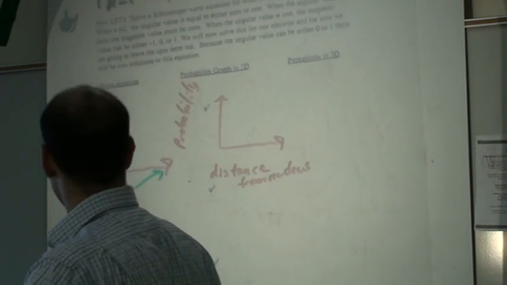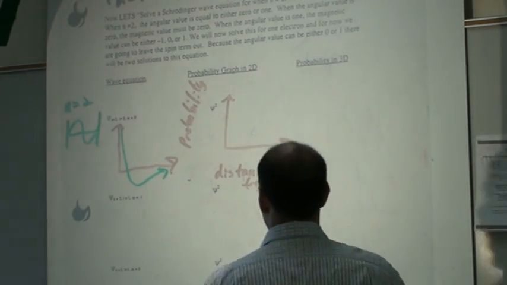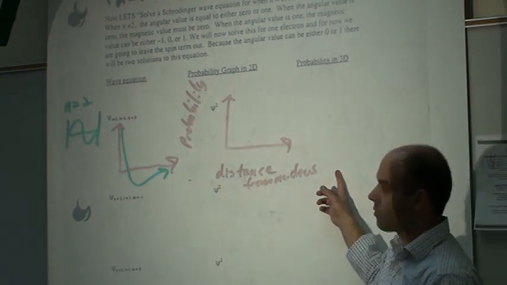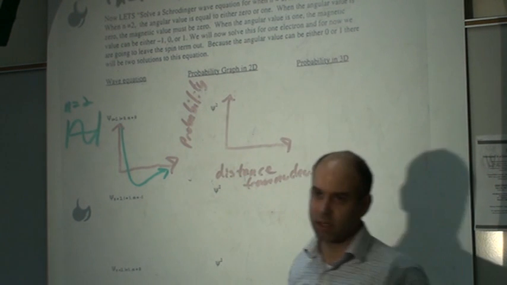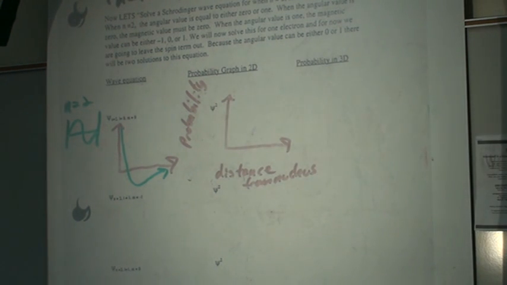Again, the x-axis is the distance from the nucleus. Now the y-axis is our probability of finding the electron.